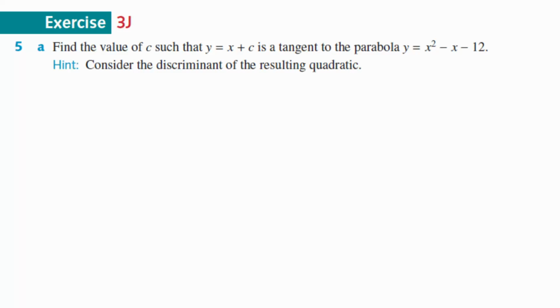So any questions after this is going to get difficult, but you have to know how to do the first part. So I taught you how to do the first part. I'm now teaching you, it says find the value of C. Okay, so you want to find C so that the straight line equation intersects with the parabola once or twice or 3 times. Now in our case, when it says tangent, it means once.